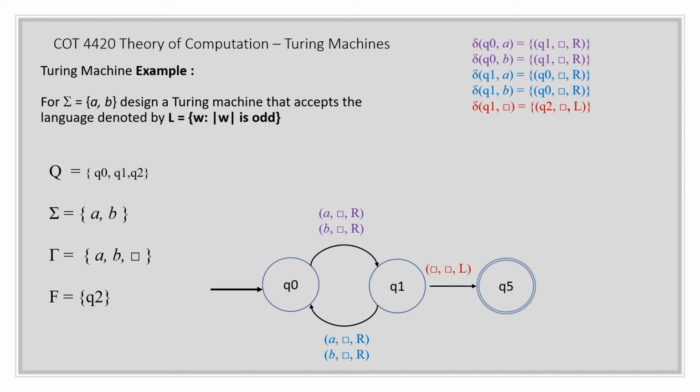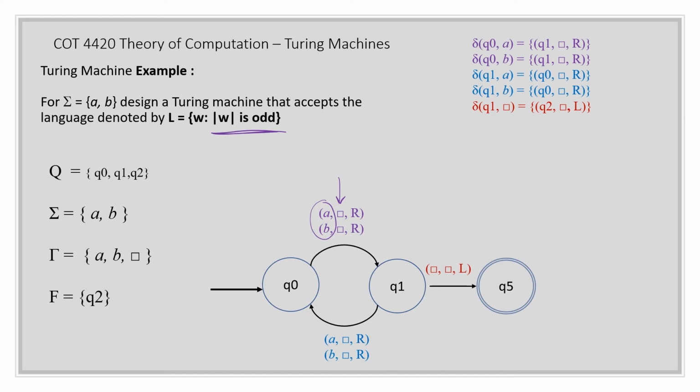All right, so here is an example of a Turing machine where the length of the string is odd. So an A or a B is fine, but you may wonder why I'm not leaving the string alone. It's because when you're counting, it's a good idea to change the symbol that's on there so you don't accidentally read it again.